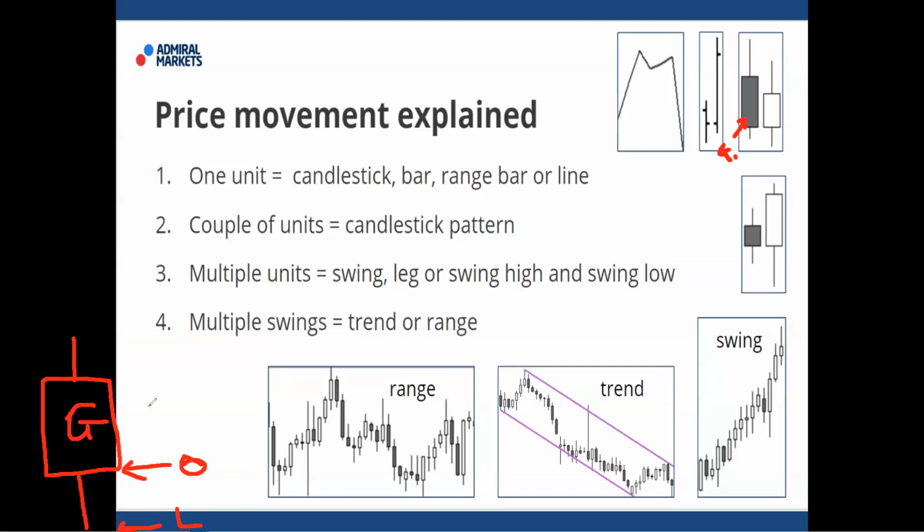Likewise, it's come up and hit a high price at the top of the wick. Put an H for high. At the end of the day or the session, whenever this candle has closed, it's closed higher. Put an arrow here. So it closed at the top of the body.